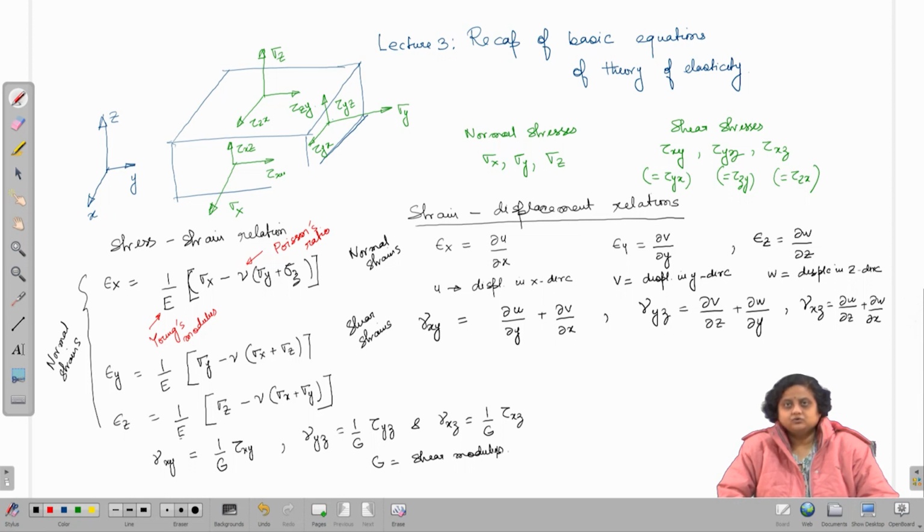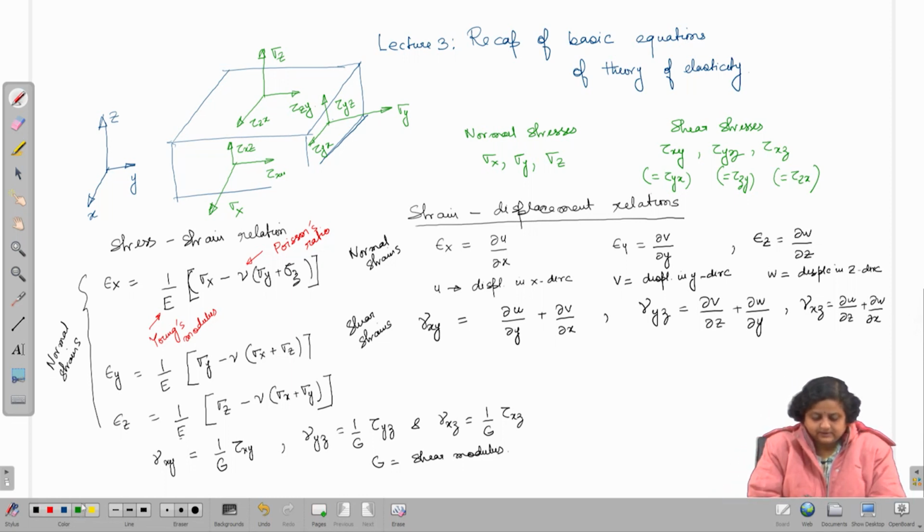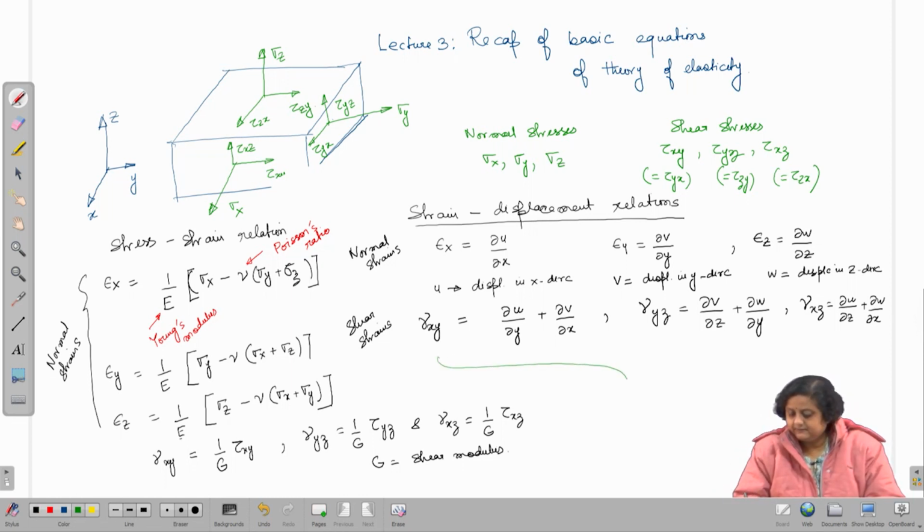As we go through the course, you will see that we will be using these equations very commonly to derive more advanced theory for thin walled aerospace structures. So, this is eventually going to lead us to compatibility conditions.